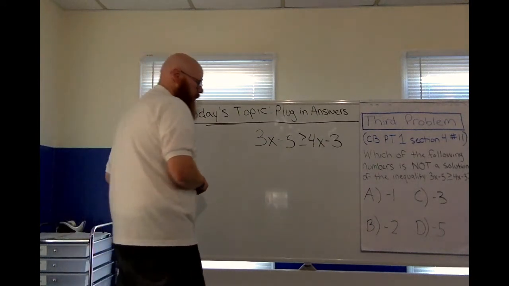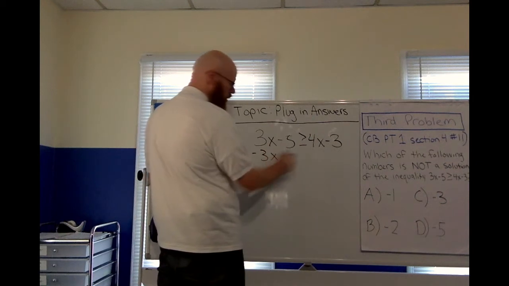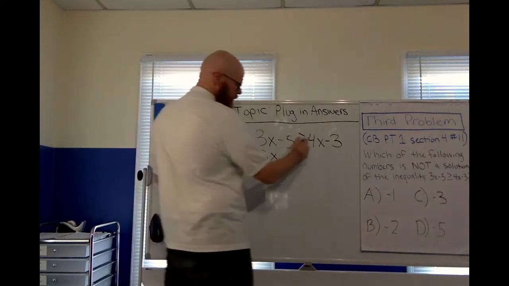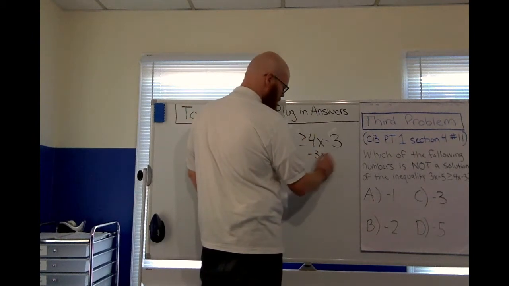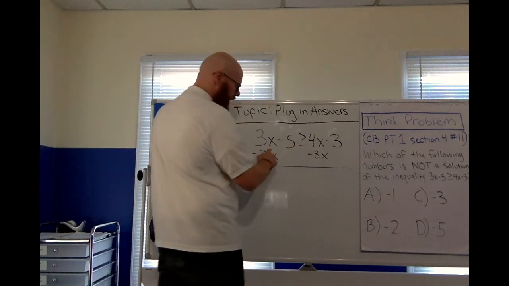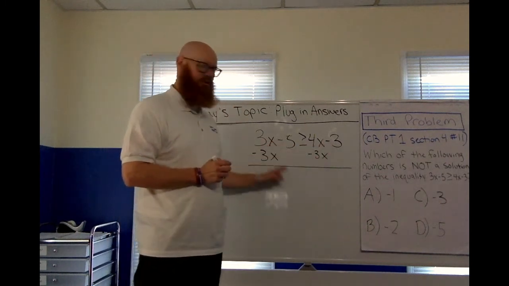So I could do that by simply subtracting 3x. We could also move the 4x, but I'm just going to subtract the 3x to keep this positive. And at the same time, if I'm bringing my x's to the right side, I would like to bring my constants to the left side.